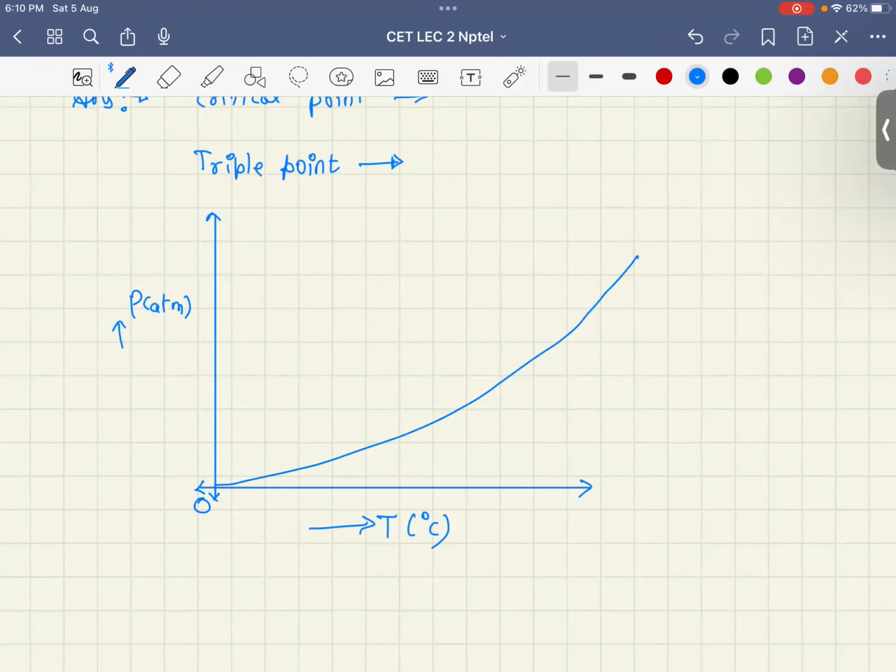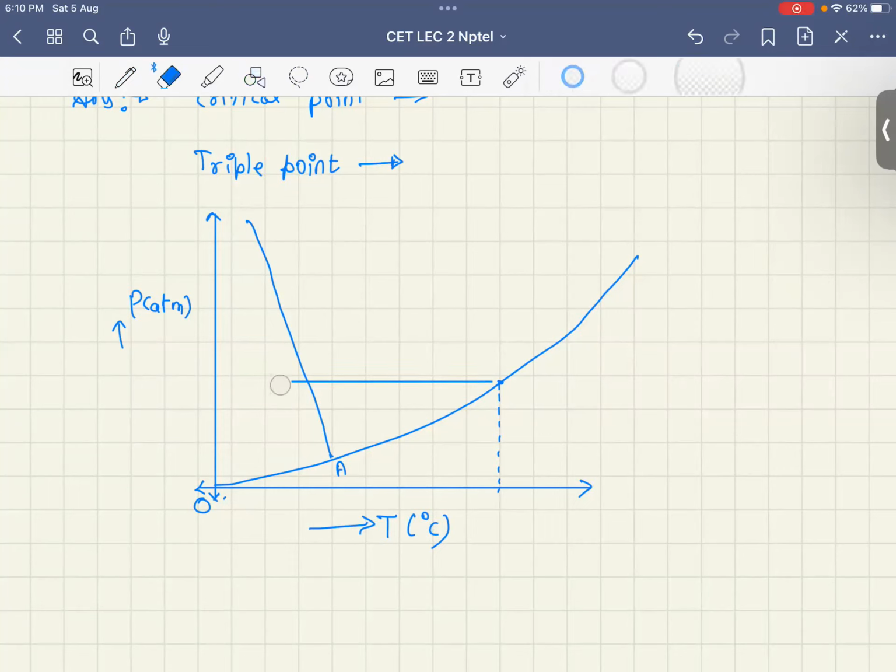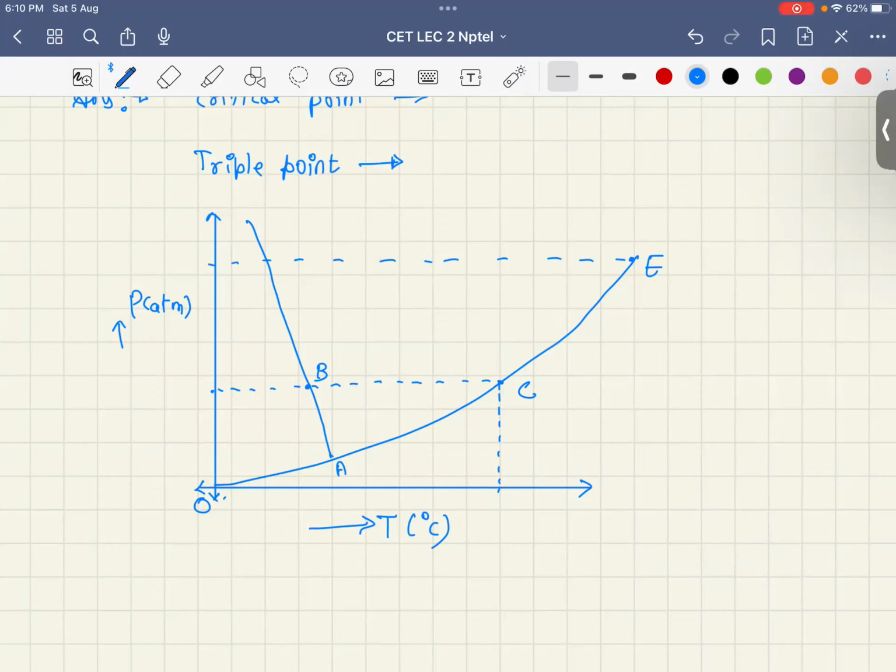So we have like this, and this is point O, this is point A, this is point C, this is point B, this is point E, and this is point D. For pure water, this is PC, and this is TC.